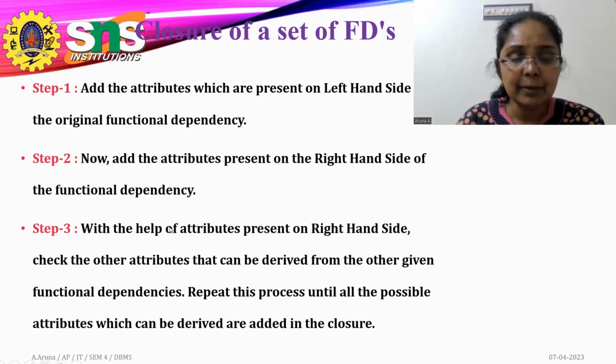In the third step, with the help of the attributes present on the right hand side, check the other attributes. When the first attribute is completed, next we check the second attribute, third attribute, fourth attribute, until all the functional dependencies given are covered. This process is repeated until all possible attributes that can be derived are added to the closure set.